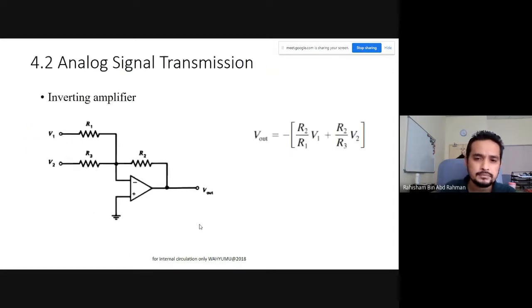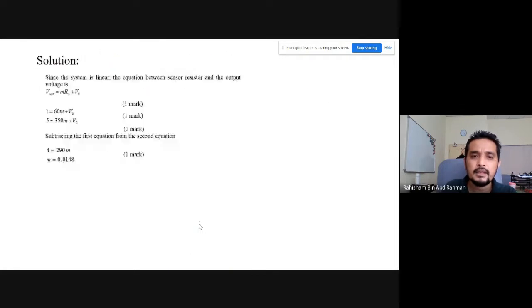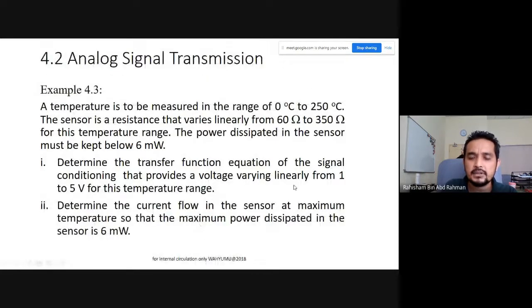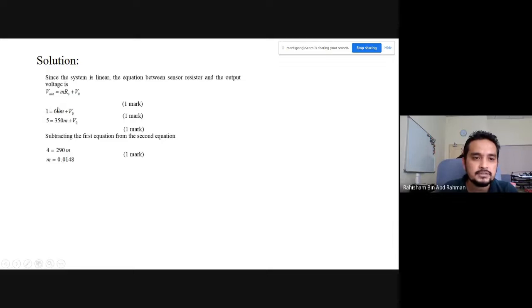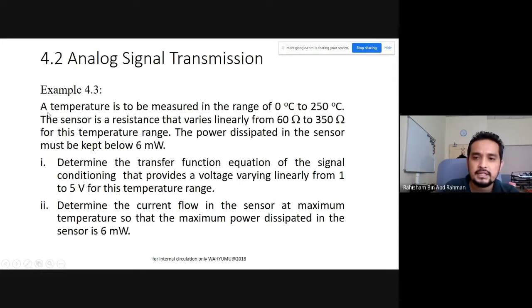How? First we establish, Y between 0 and 60, and the second equation is 250 and 350. We try to relate these to obtain one formula. So we have V out equal to M Rs plus V naught.